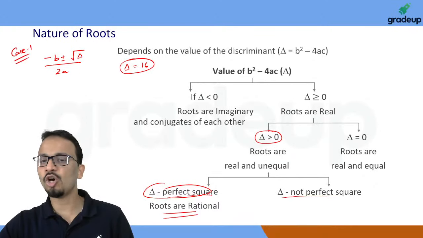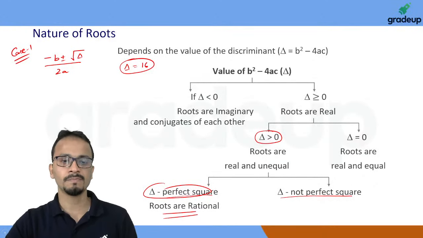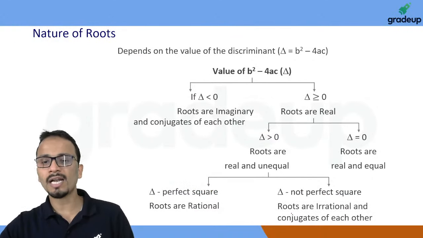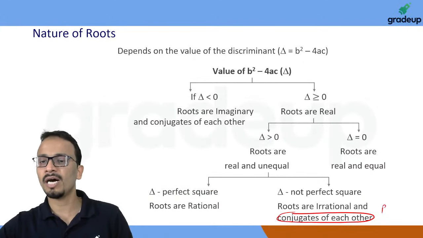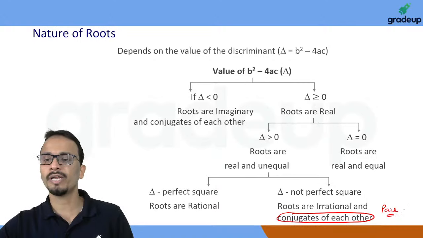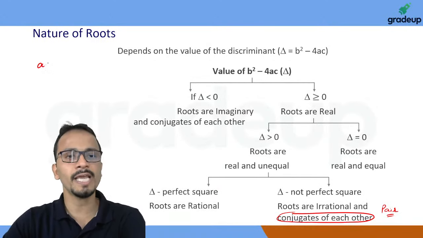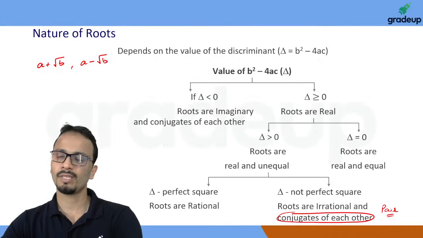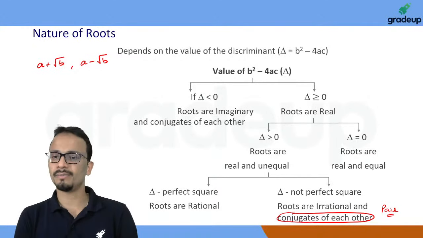If delta is not a perfect square, the roots will be irrational. Also, in this case, both the roots are conjugates of each other and will occur in pair. As in, if one of the roots is a plus under root b, the other root will be a minus under root b.